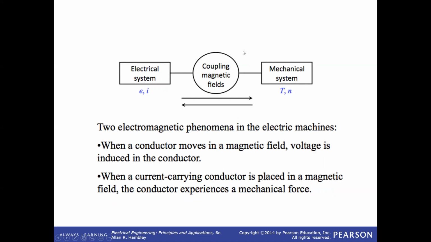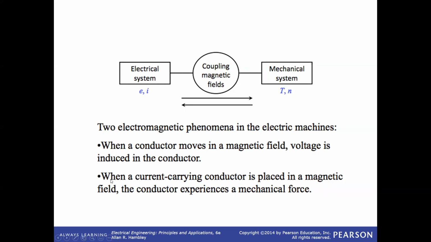In this electrical machine, there are two electromagnetic phenomena that occur inside it. First, when a conductor moves in a magnetic field, a voltage is induced in the conductor.